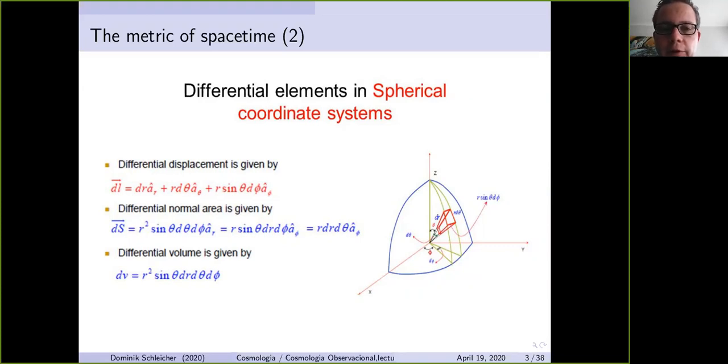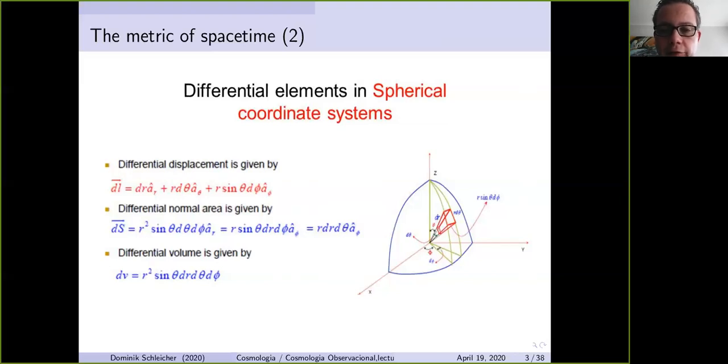But if you have a displacement in the theta direction, the displacement in this case is r d theta, because of course the displacement has to be a length scale. It needs to have a spatial dimension. That's why we multiply with the radius. And if we consider the phi direction, it's the same.